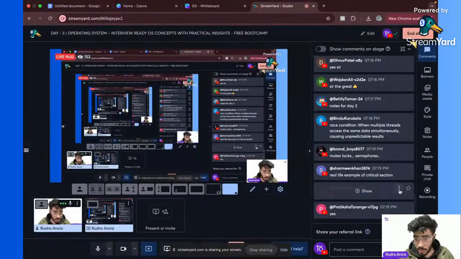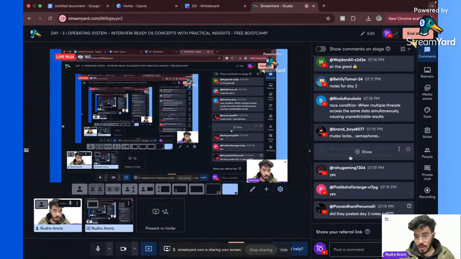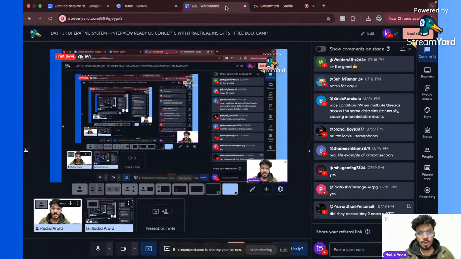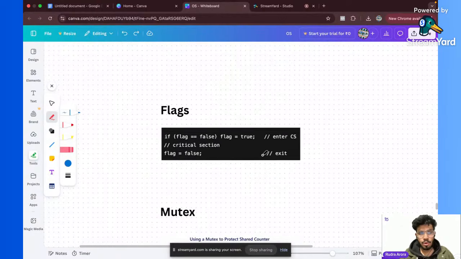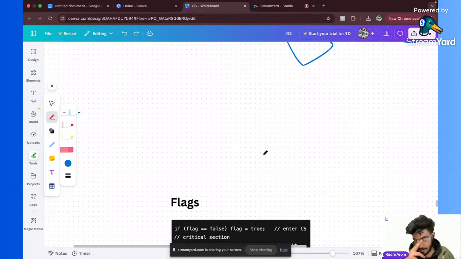Someone is asking for a real life example of a critical section. Have you ever gone to a ticket booking site? What happens if flags and semaphores are not used in it, and there is a last ticket of the bus, and two users have logged into this ticket booking site?